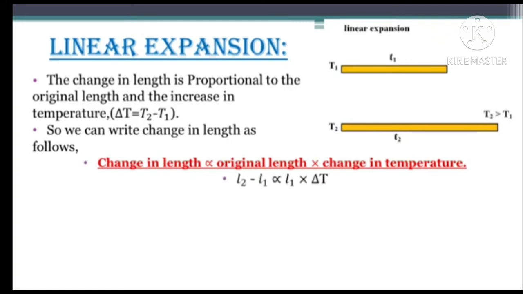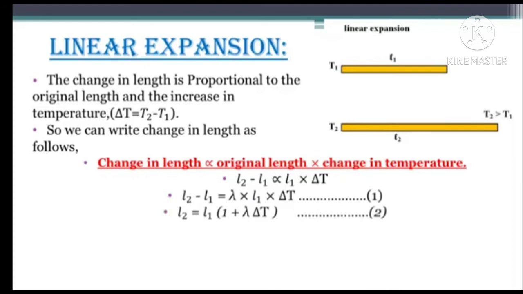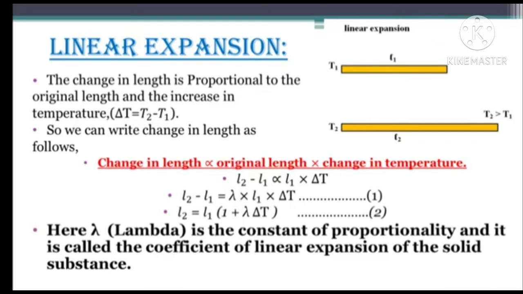In mathematical form, we can write it as L2 minus L1, that is change in length, which is directly proportional to original length L1, multiplied by change in temperature, delta T. So L2 minus L1 equals lambda multiplied by L1 multiplied by delta T, and L2 is equal to L1 times, if we take L1 as common, in bracket 1 plus lambda delta T. So this is our final equation, and here lambda is the constant of proportionality and it is called the coefficient of linear expansion of the solid substance.